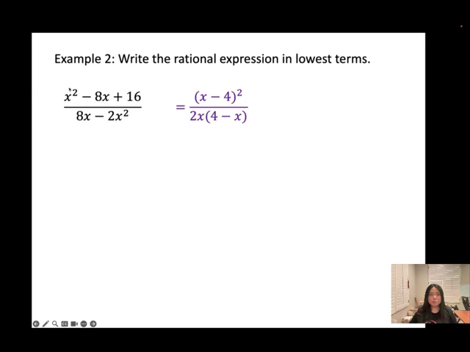Factoring the top, that's a perfect square. For this one, find the common factor, which is going to be 2x. Then x minus 4 squared, and this is 4 minus x. We can't just simplify it. We want to factor out the negative here. Now I can cancel out one of the x minus 4 factors. So that will be your final answer. If we want to find the domain, we would say negative 2x cannot be equal to 0, so x can be all real values, but x cannot be equal to 0.